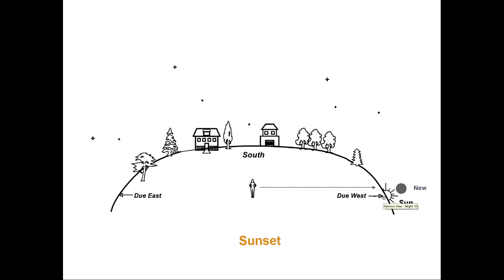So the new moon is basically right along with the sun. So this is west, but it doesn't matter where the sun is in the sky because the moon orbits the Earth. Basically, in 1 month, there are a few different definitions for that: the synodic month and the sidereal month. The synodic month is about 29 and a half days or so, 29.531 days.